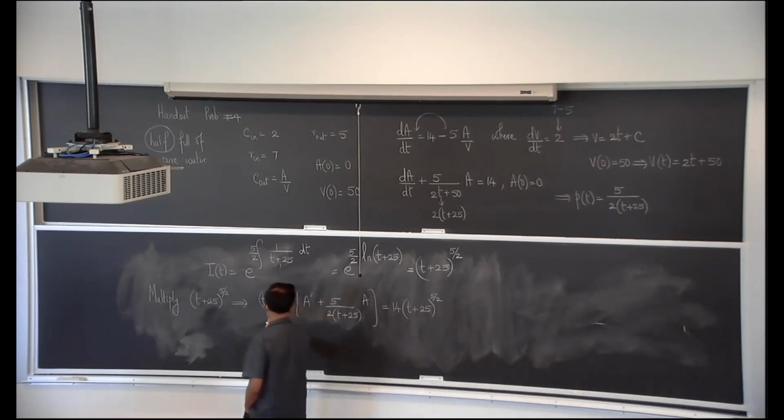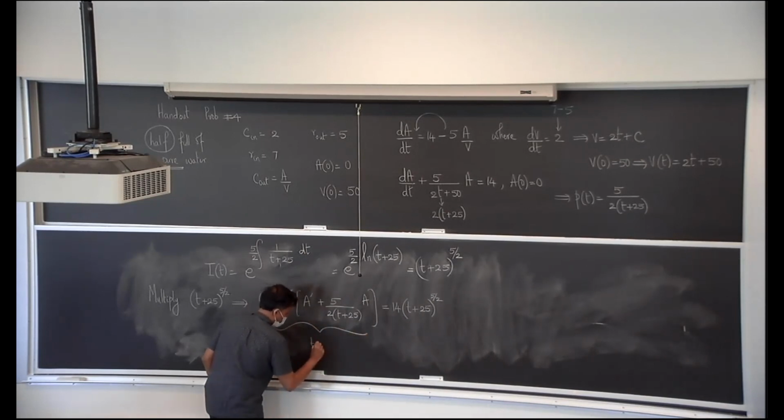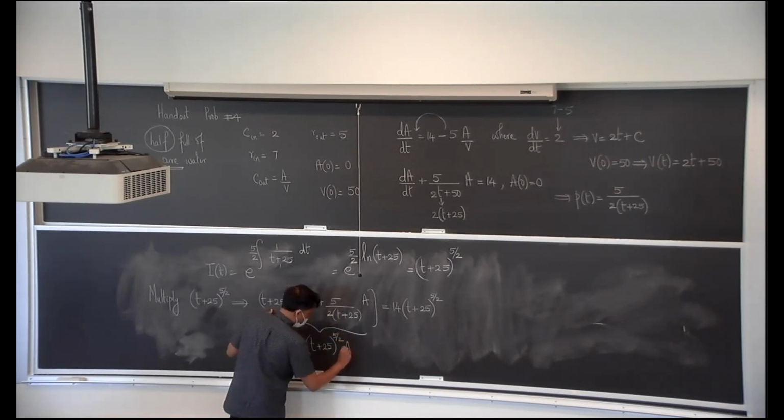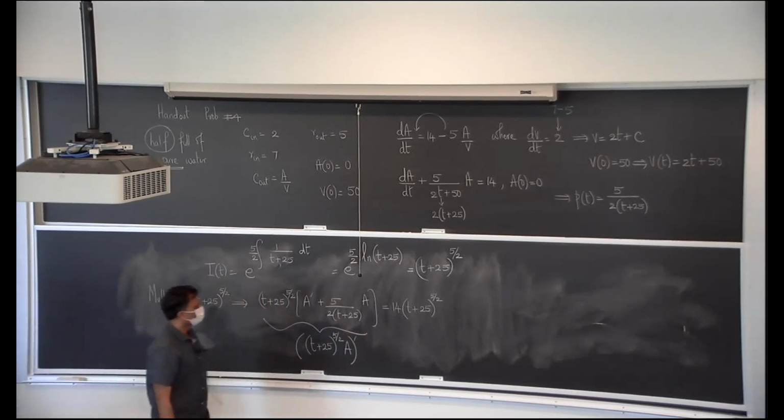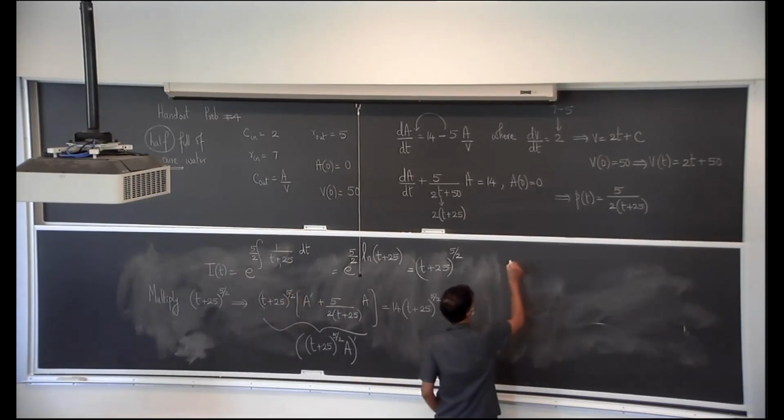And because of our derivations we did the other day, I forgot when, t plus 25 to the power of 5/2 times A prime is equal to this. Integrate both sides.